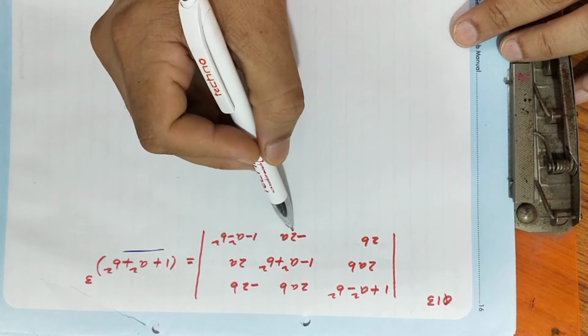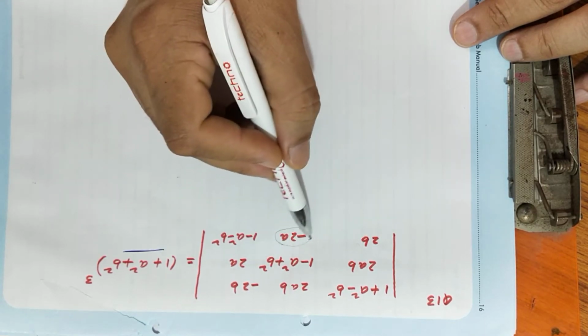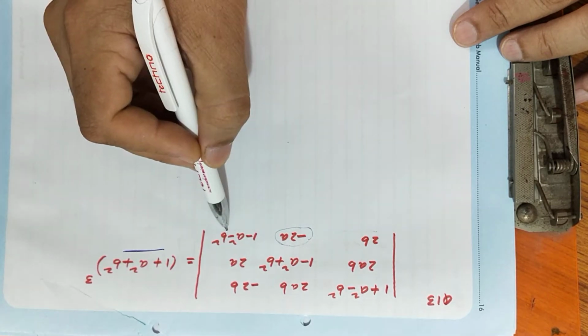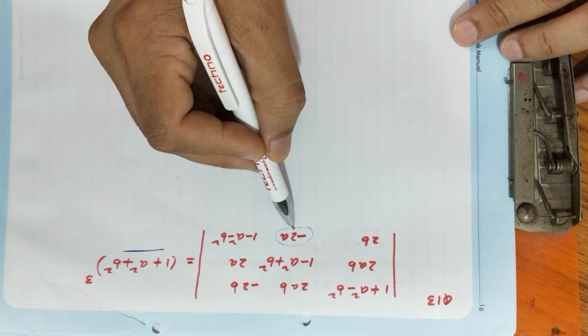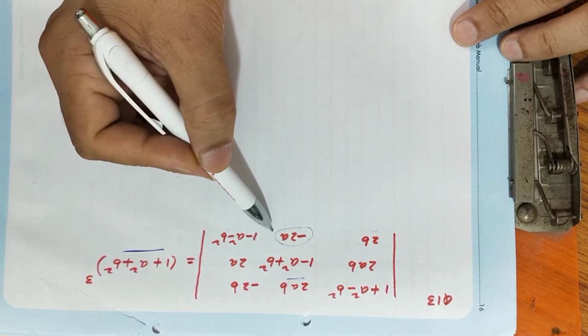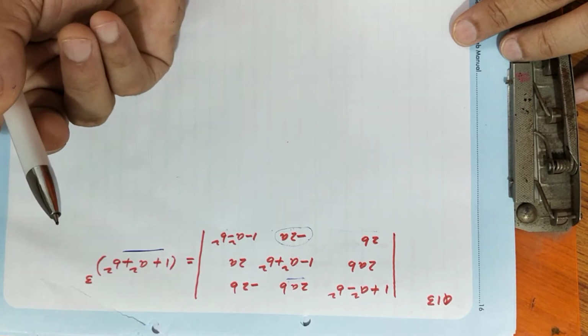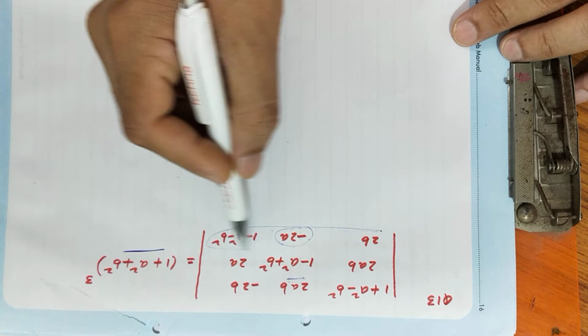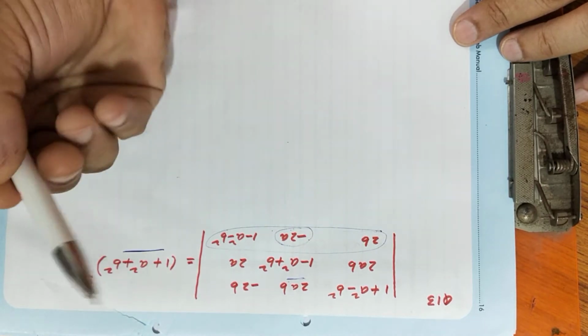If you multiply this row by b, then here you will get −2ab, and here is 2ab. So 2ab minus 2ab, we can get 0, isn't it? So if you multiply this row by b and add it to R1, we can get 0.